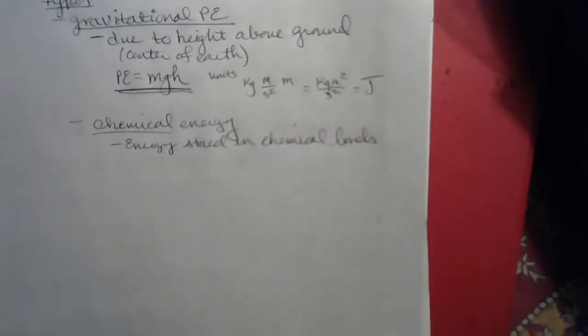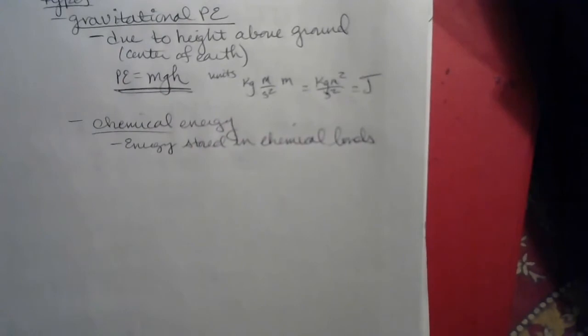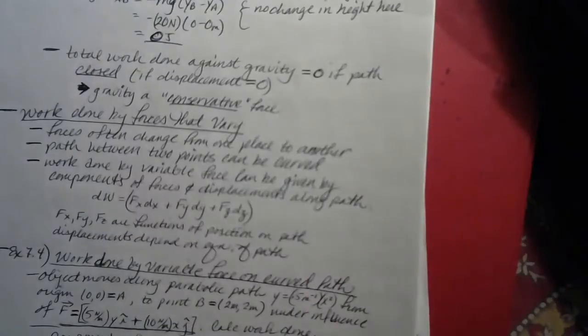And that's energy that's stored in chemical bonds within compounds. It takes a certain amount of energy to break a chemical bond, but when you form a new bond, rather, you get out a certain amount of energy.